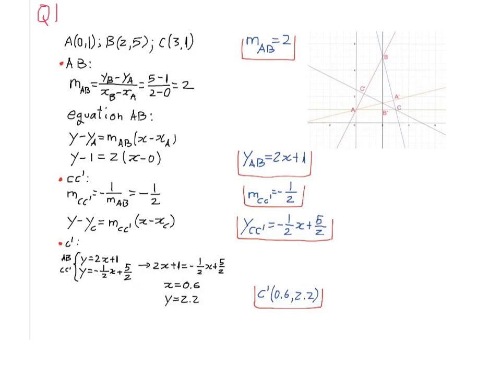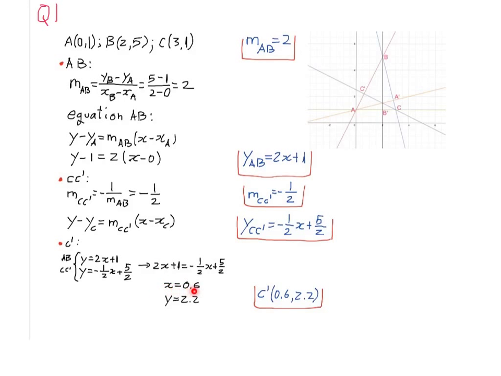And making those two equal, because y is equal to y, we get 2x plus 1 equal to minus 1 over 2 x plus 5 over 2, and solving this we get x equal to 0.6.